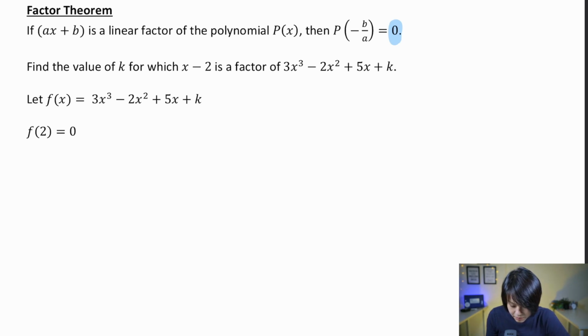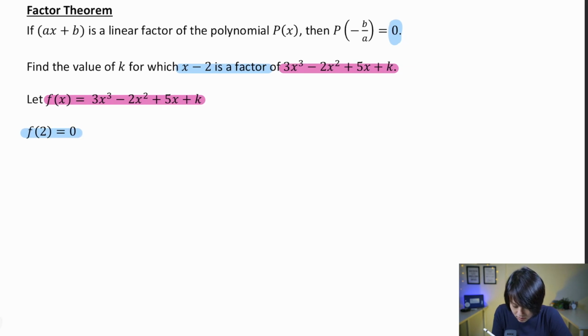When you say find the value of k for which x minus 2 is a factor, it's the same thing. First step, we will let this whole polynomial be equal to f(x). When we say that x minus 2 is a factor of a polynomial, it means that when I sub in x equal to 2, it will be equal to 0.